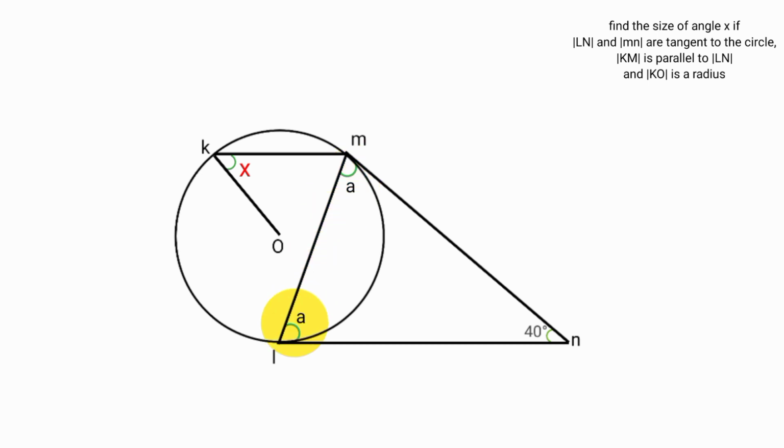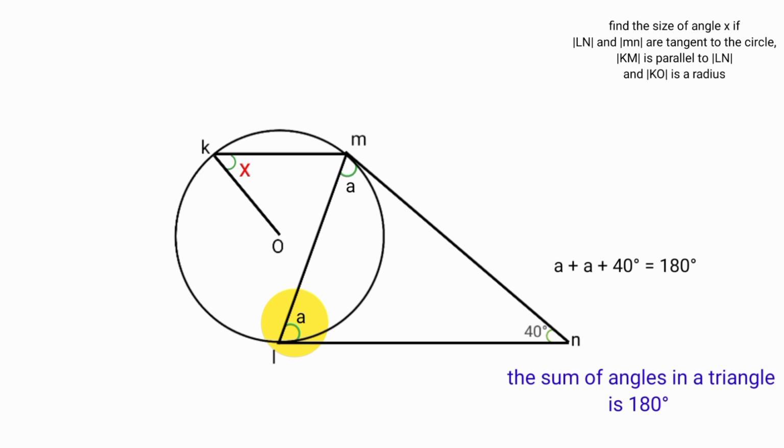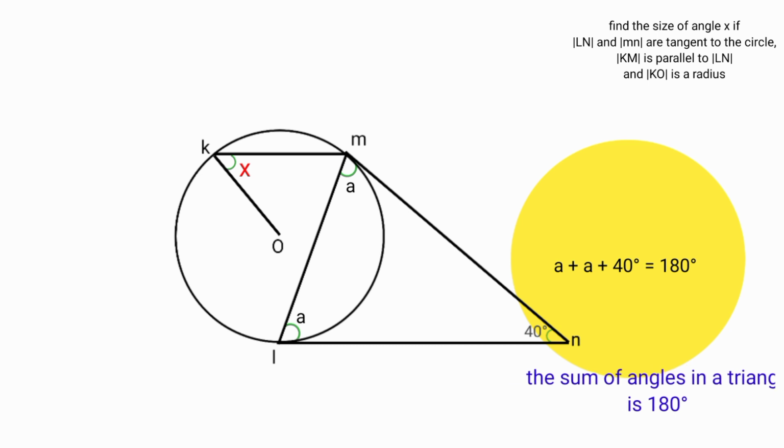Now since we know that the sum of angles in a triangle is 180 degrees, we can add up the angles of this triangle and equate them to 180. So now we have A plus A plus 40 degrees equal to 180 degrees. A plus A is 2A, so 2A plus 40 degrees equal to 180 degrees.